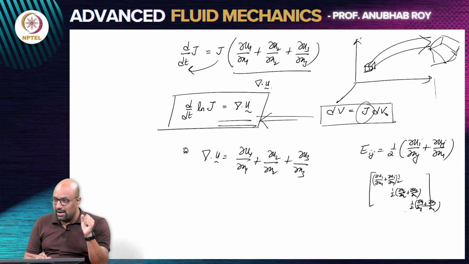So the diagonal elements of Eij are ∂u1/∂x1, ∂u2/∂x2, ∂u3/∂x3, which means this divergence of u is actually the trace of Eij.